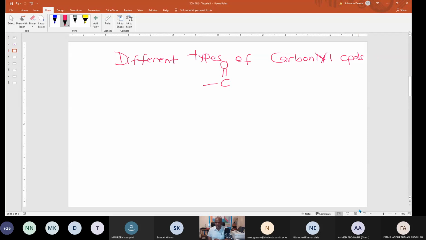So on this side, you can have an R, whatever R is, and on this side, we have a Z. R can be carbon, R can be hydrogen. When Z is a hydrogen, what do you call this carbonyl compound?